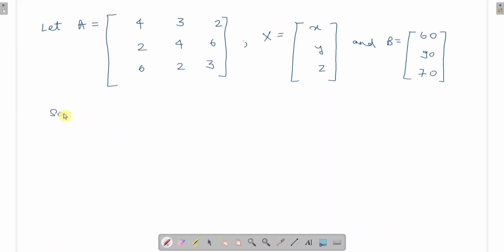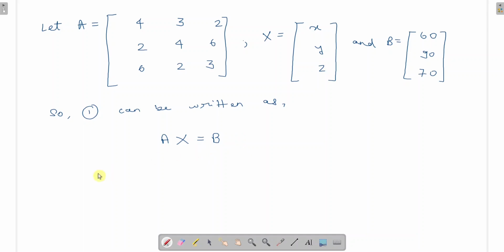So 1 can now be written as capital A times X is equal to B. This we have seen earlier.